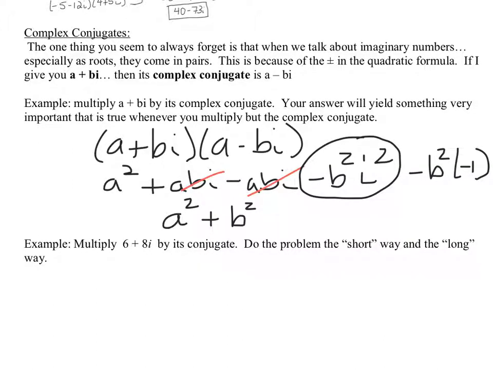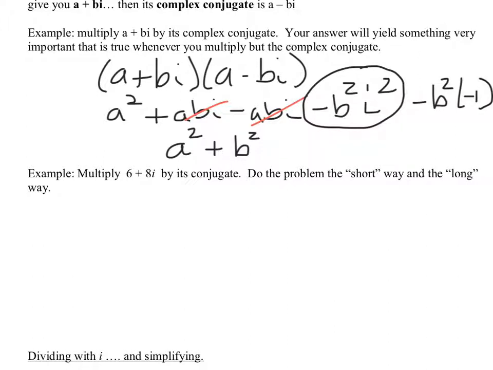And this is the answer we're always going to get when we multiply a complex number by its conjugate. We're going to get this number here squared plus this number squared without the i. So we're always going to get a squared plus b squared.